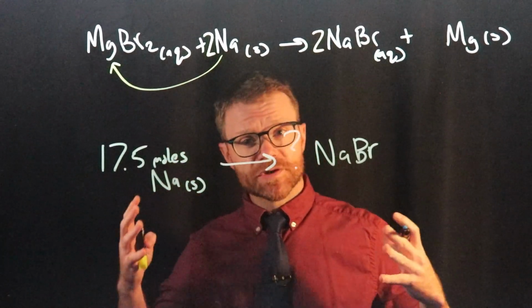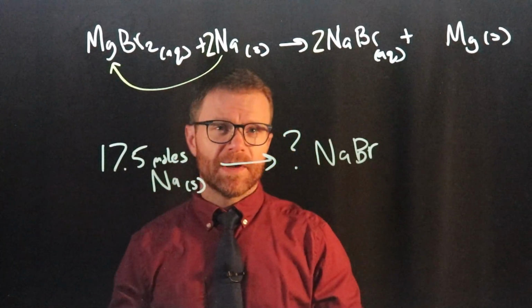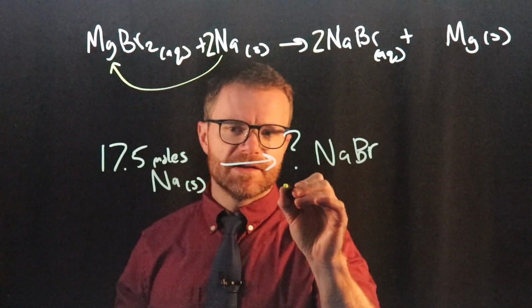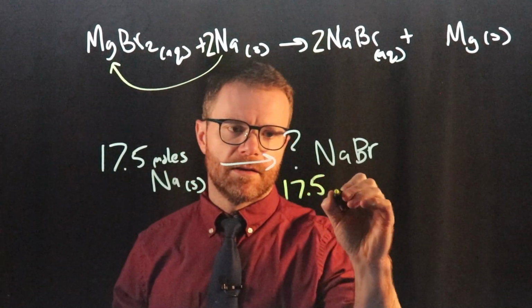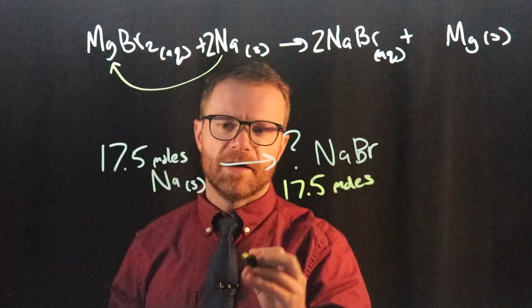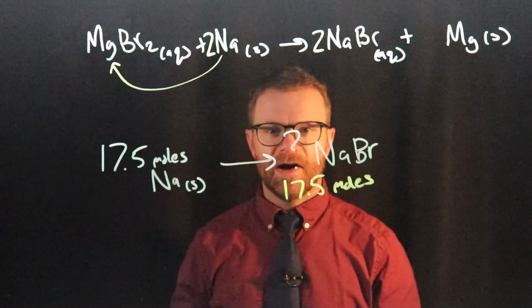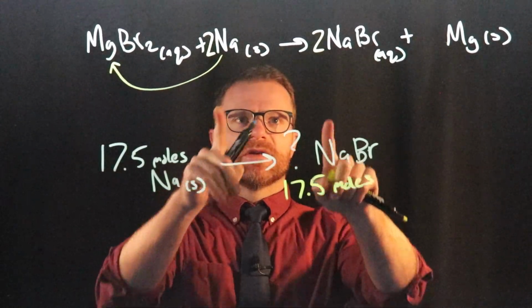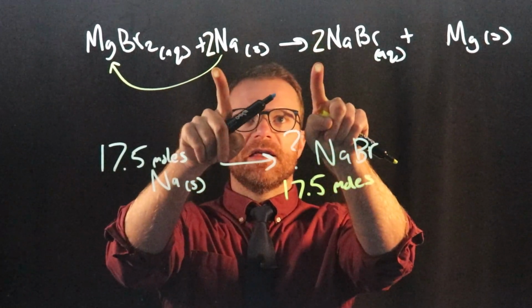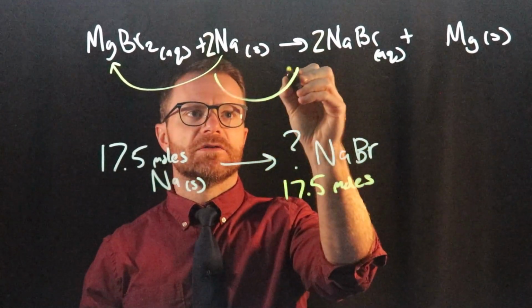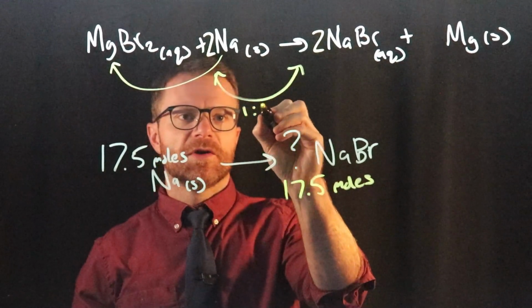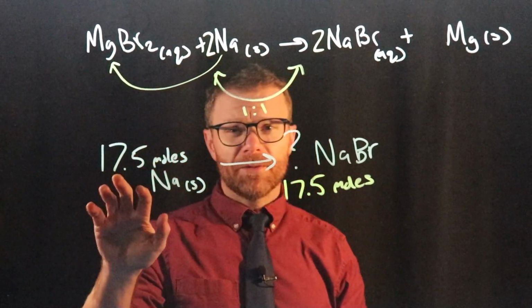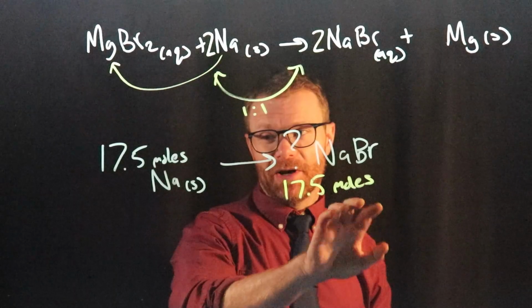Well, if you're smart, you've probably picked up already that the answer is exactly the same, 17.5 moles. Because we're looking at the relationship between sodium and sodium bromide, and we see that ratio is 2 to 2, which simplifies to 1 to 1, which means however many we have here, we're going to have that exact same amount here.